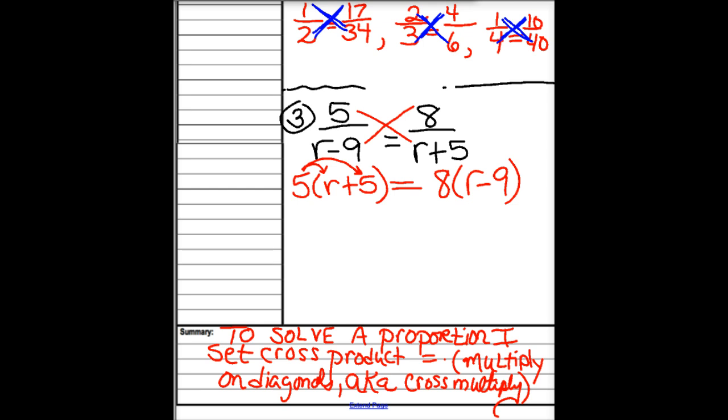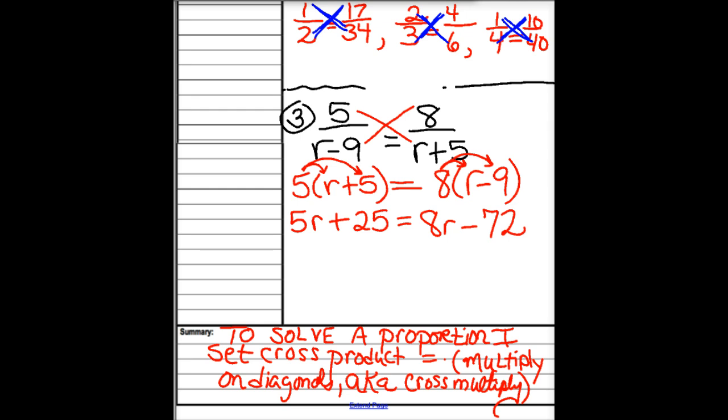I'm going to do 5 times r plus 5 times 5. On the right-hand side, I'm going to do 8 times r minus 8 times 9.